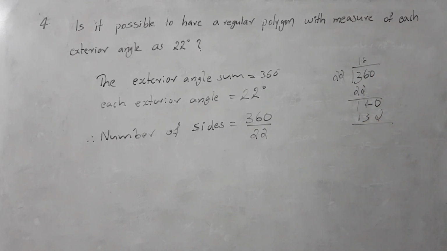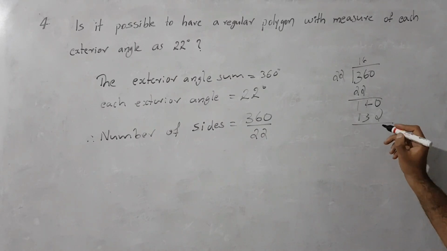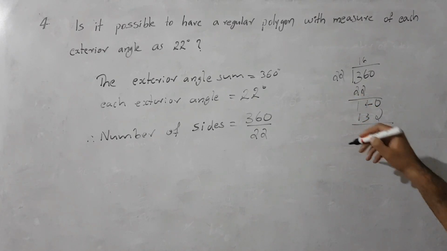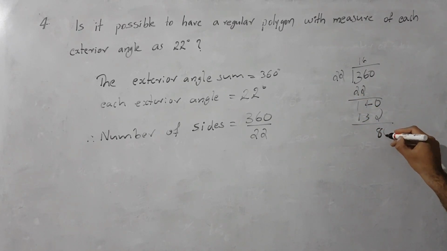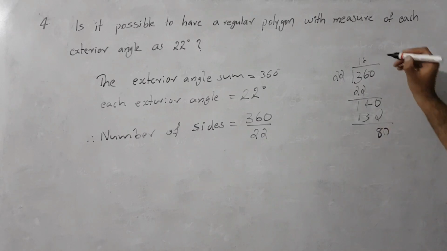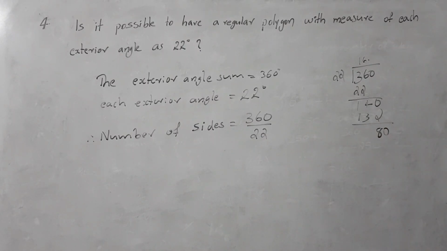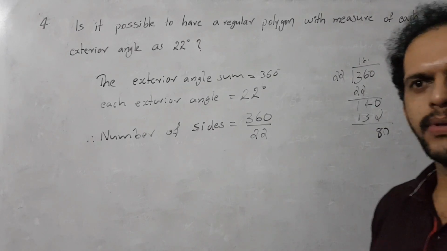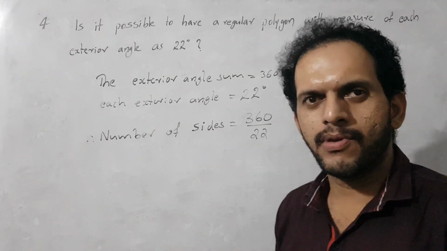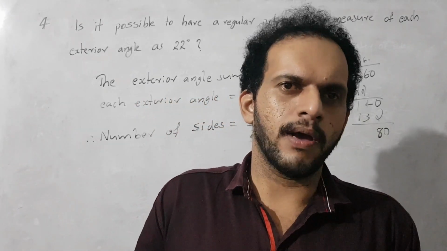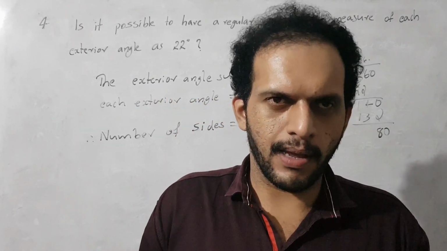Then 140 minus 132 is 8. Then since it's not possible to divide further, we add 0 here. 80. Then after that it's not necessary to continue, because it's not possible to construct any figure like that. 16.5, suppose 16.5 like that.